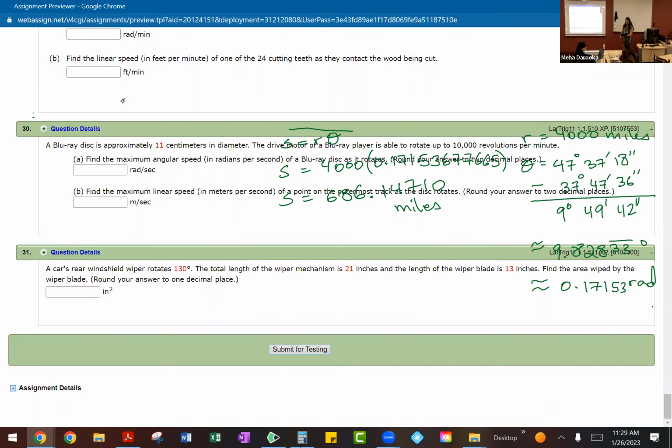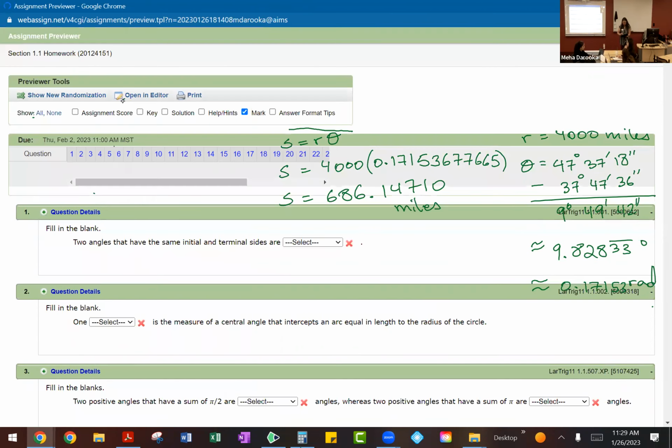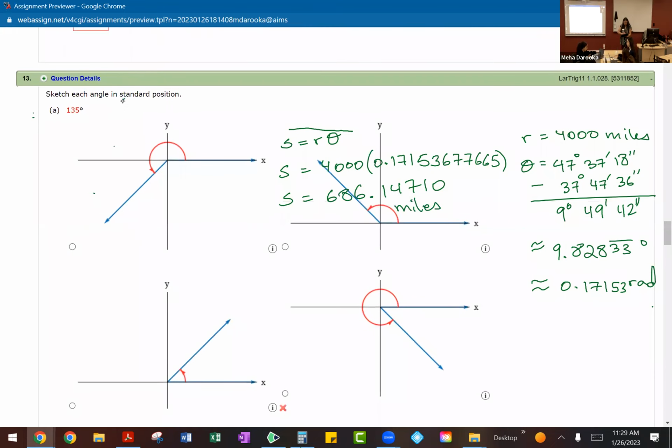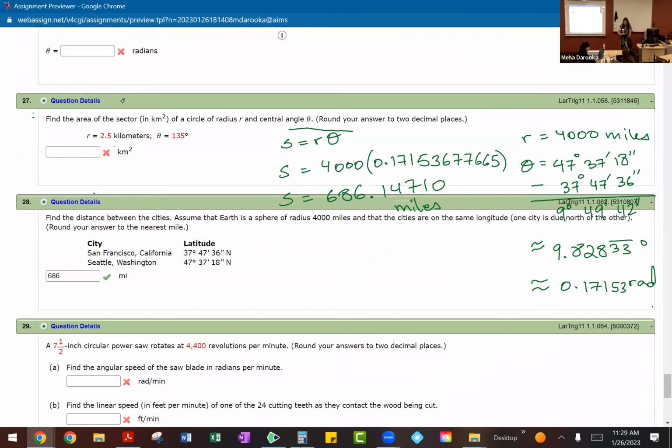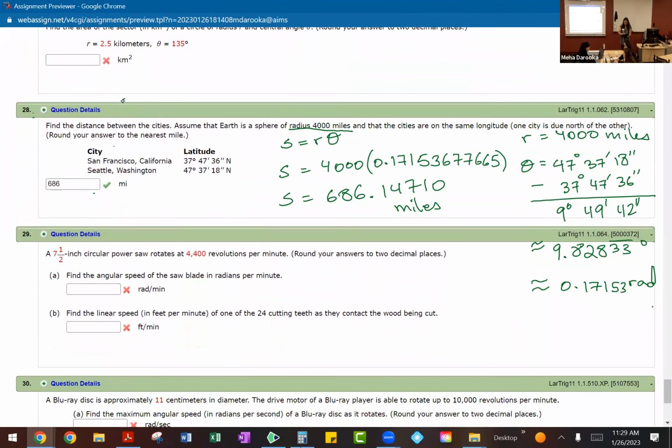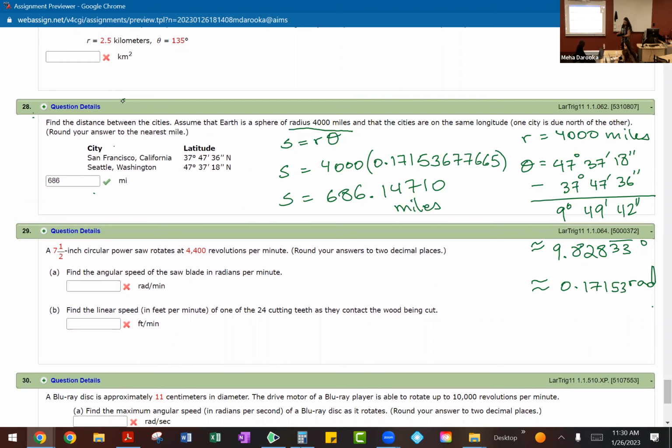And let's check that. There you go. So basic arc length calculation is what you are looking at over here, but you just have to figure out what that angle is going to be between the two cities.